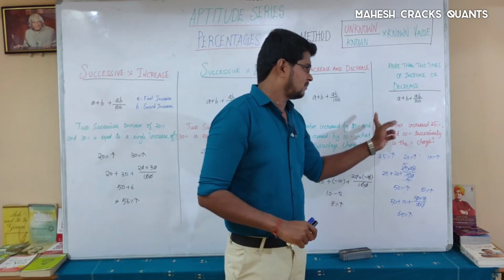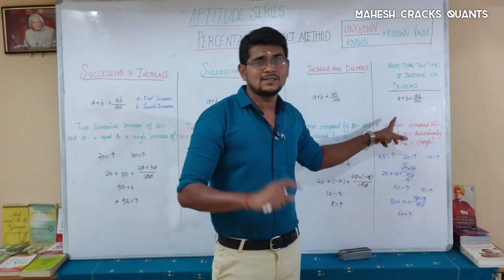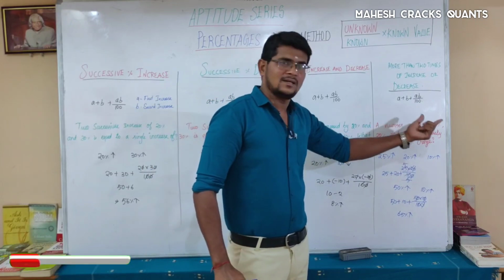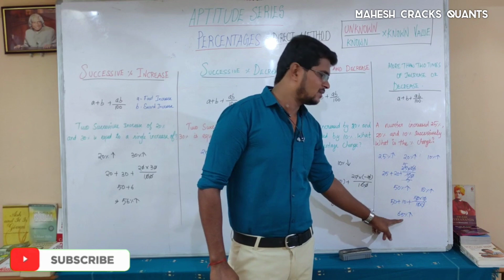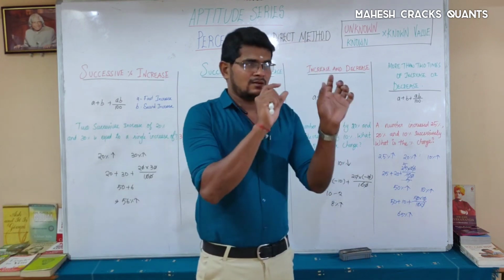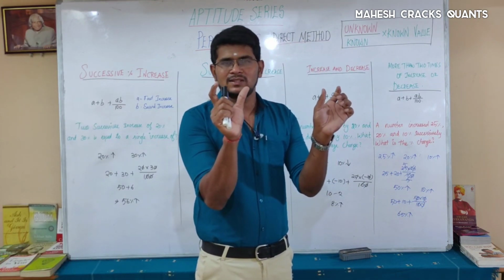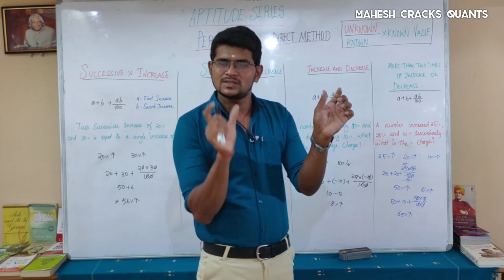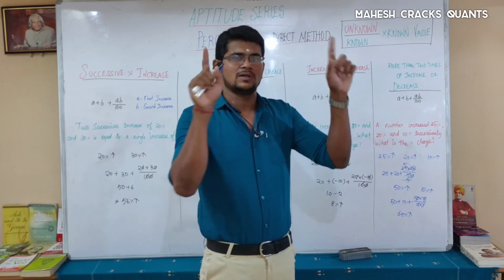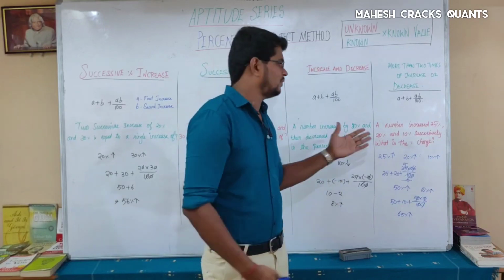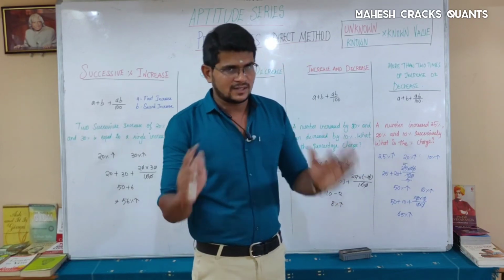Number 500 is 100%. At the end, after successively increasing, it will increase 65%. 500 is 100%. After increasing 65%, 165% is what you have to find. That is the question mark. When you box it, you can solve it successively. Thank you for now.